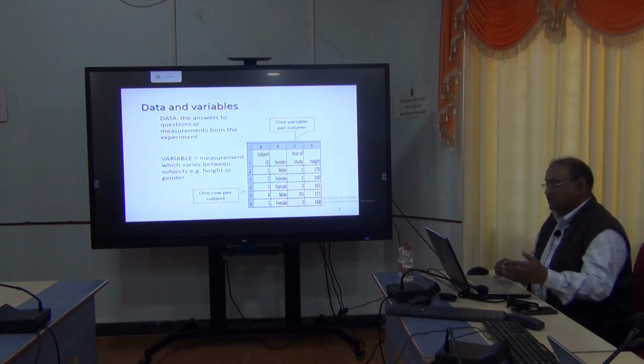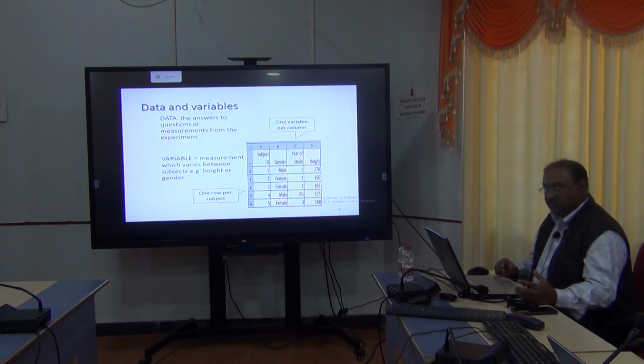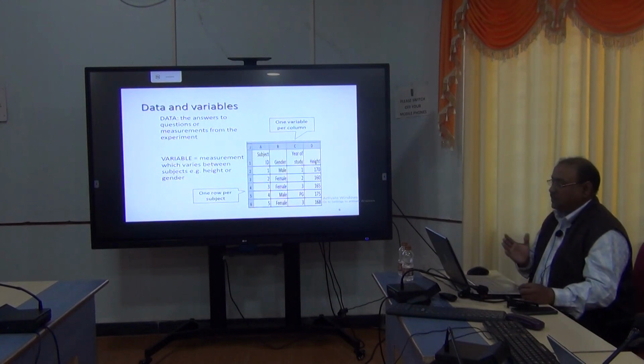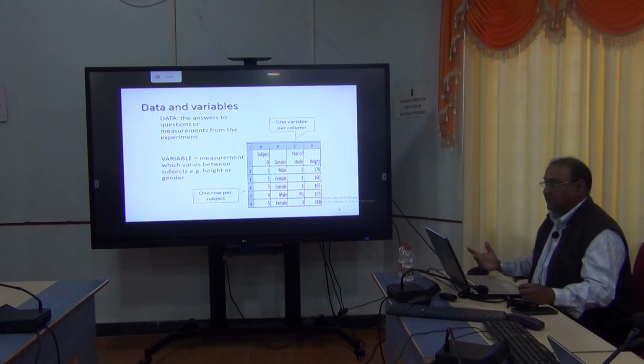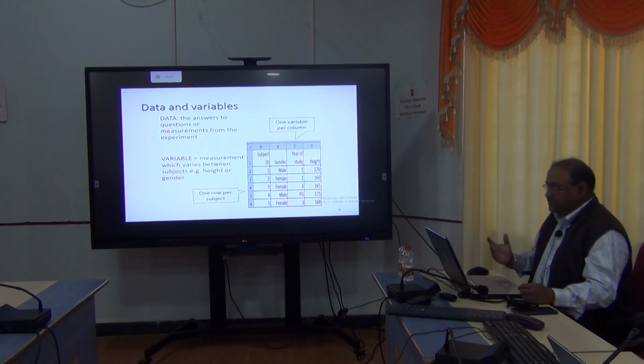Some variables also need some recoding, and there are a couple of ways to recode the variables. That also helps in transforming a continuous variable into a categorical or an ordinal one.